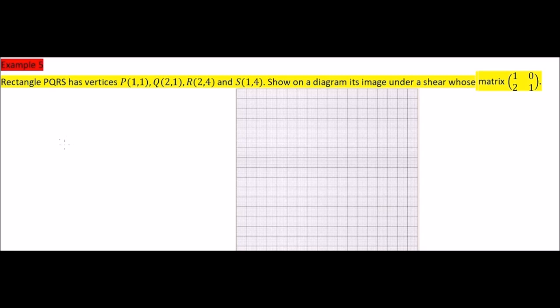Before we wind up, let's have a look at the last example, where we have rectangle PQRS with vertices P(1, 1), Q(2, 1), R(2, 4), and S(1, 4), shown on a diagram. Its image is under a shear transformation whose matrix is [1, 2; 0, 1].